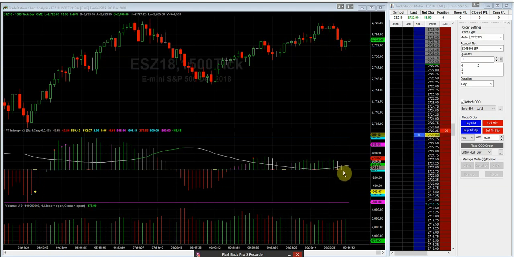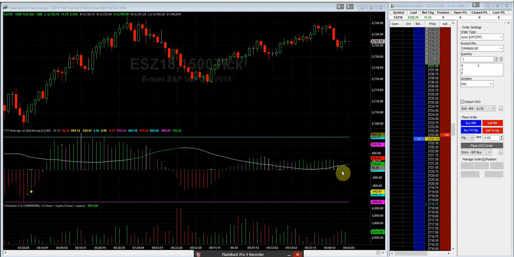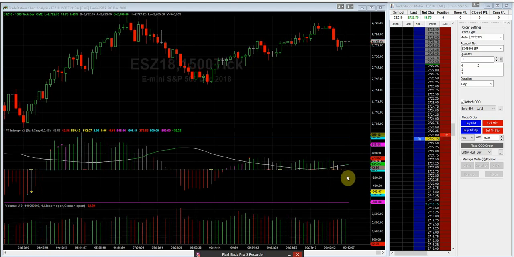Is the effort going to continue down? Right now it looks like it is absorbing it, though it's still in a state of weakness. That's why we didn't just jump on these to the downside. We would have needed to see them break through and show some supply coming in.